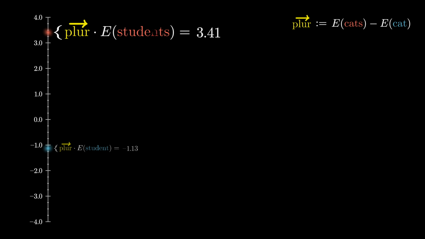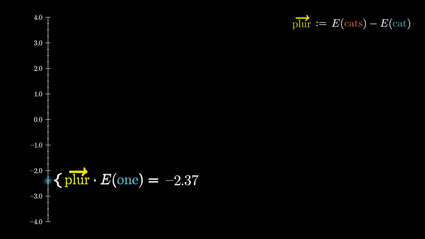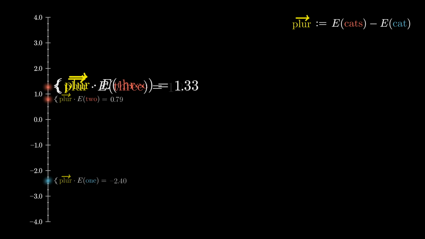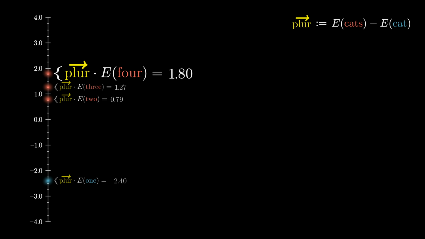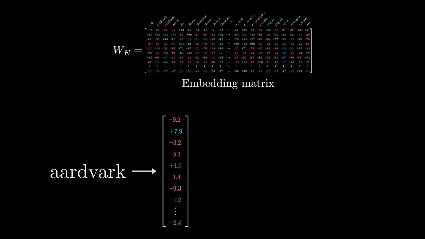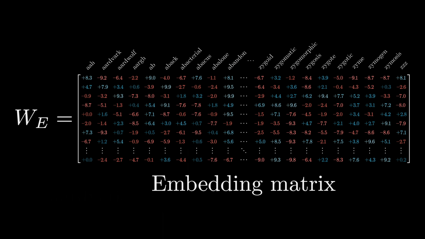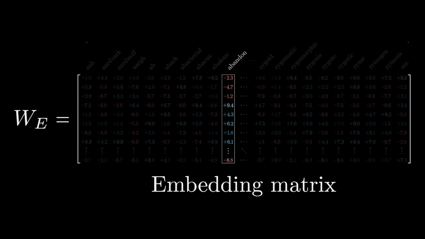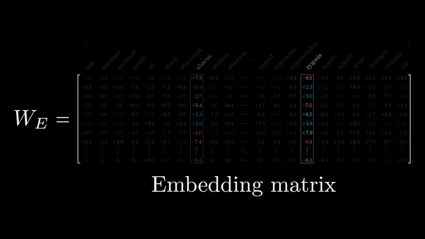It's also fun how if you take this dot product with the embeddings of the words 1, 2, 3, and so on, they give increasing values, so it's as if we can quantitatively measure how plural the model finds a given word. Again, the specifics for how words get embedded is learned using data. This embedding matrix, whose columns tell us what happens to each word, is the first pile of weights in our model.